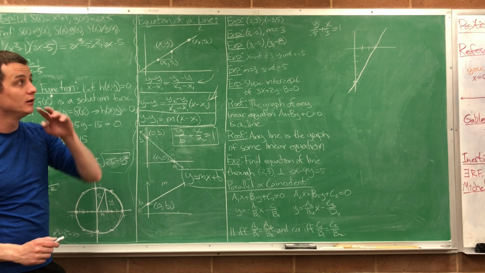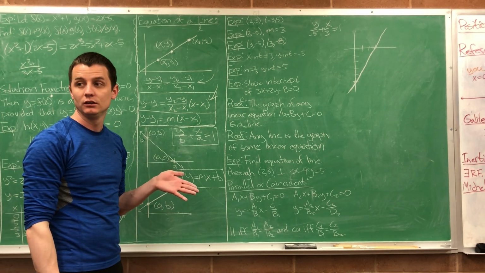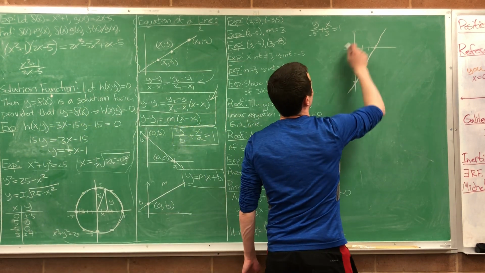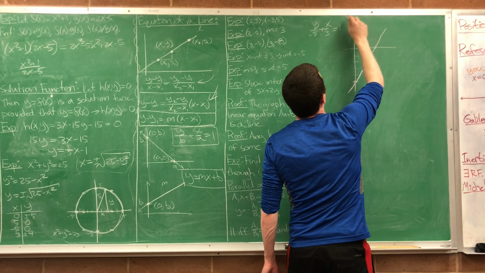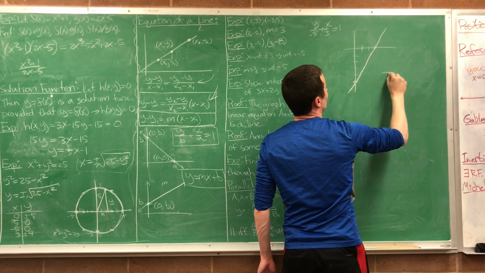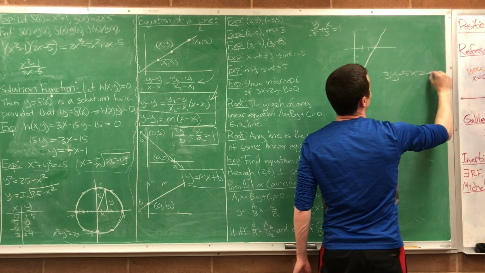And so now, if you want, we can multiply both sides by negative 15. What do we get? We get 3y minus 5x is equal to minus 15.